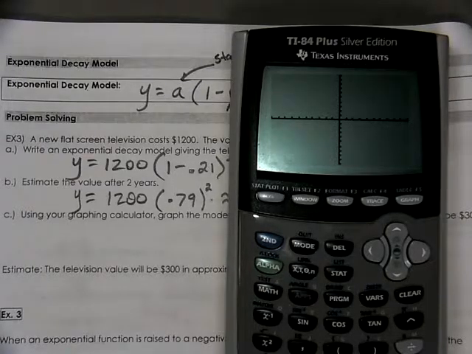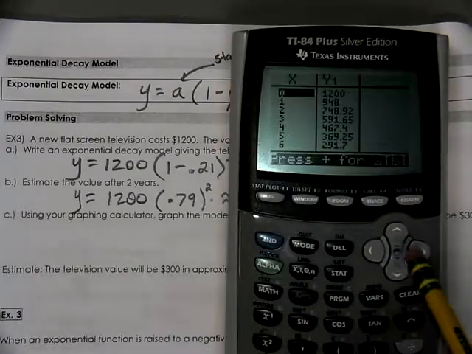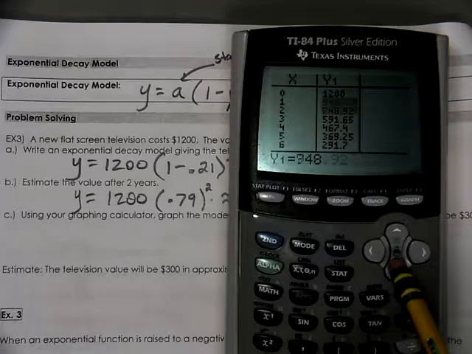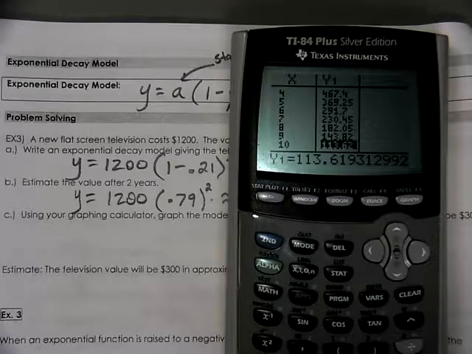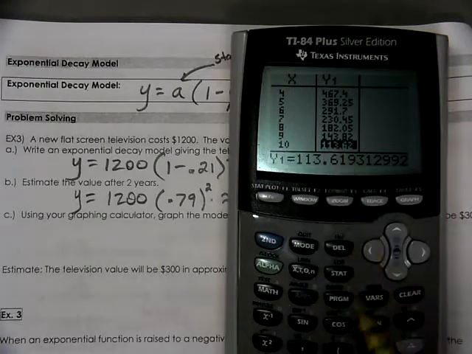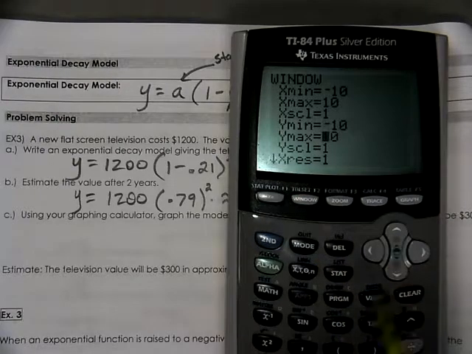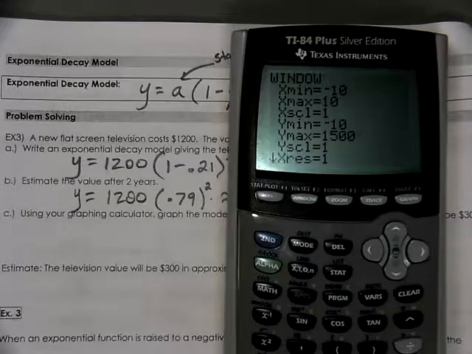Now, where did our graph go? Remember, we're starting way up here at $1,200. When x is 1, x is 2, x is 3, all the way to x is 10, we're still up there. So I need my window to look higher than a maximum value of over 1,200.